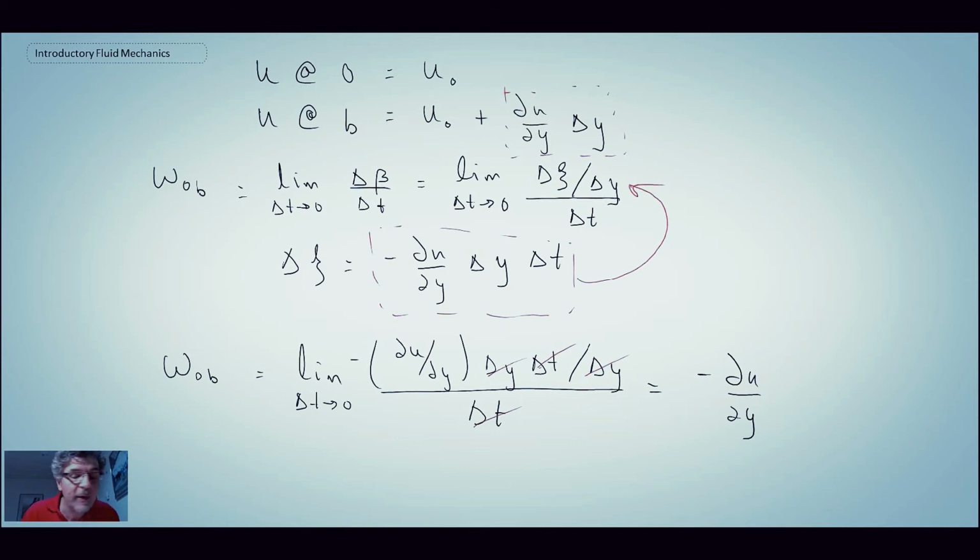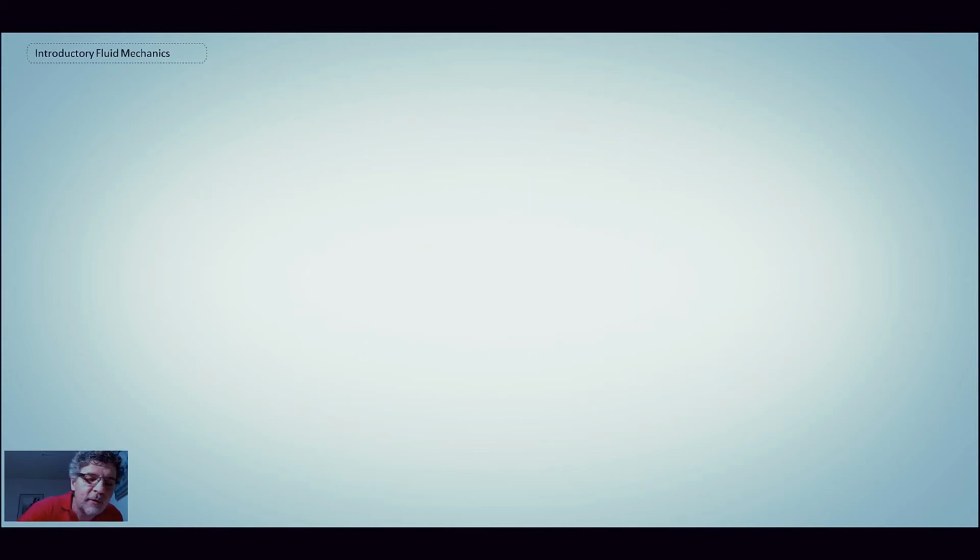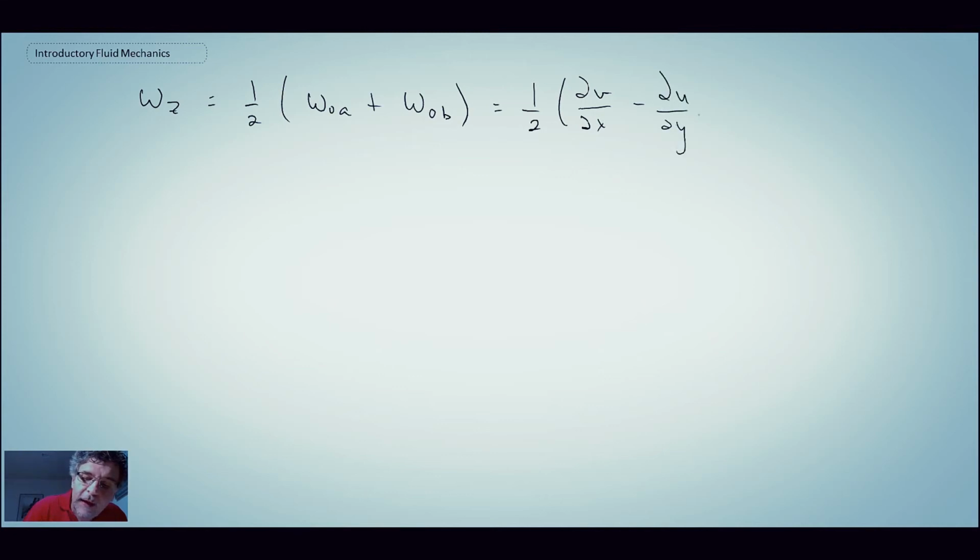Now what we're going to do, remember we said that rotation was the average of the angular rotation of two perpendicular lines. Therefore, omega z is going to be the average of those two rotational rates. And I get that for the rotational rate in the z direction. And I can go through the same sort of argument and rationalization for the other components of rotational rate. And we get this.